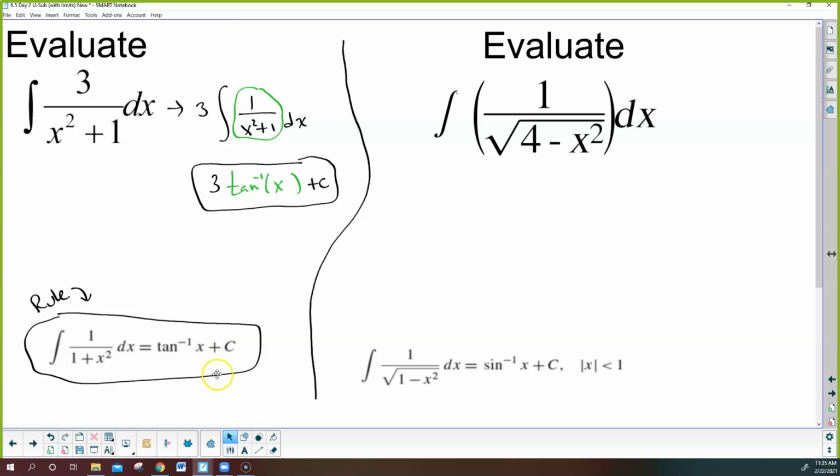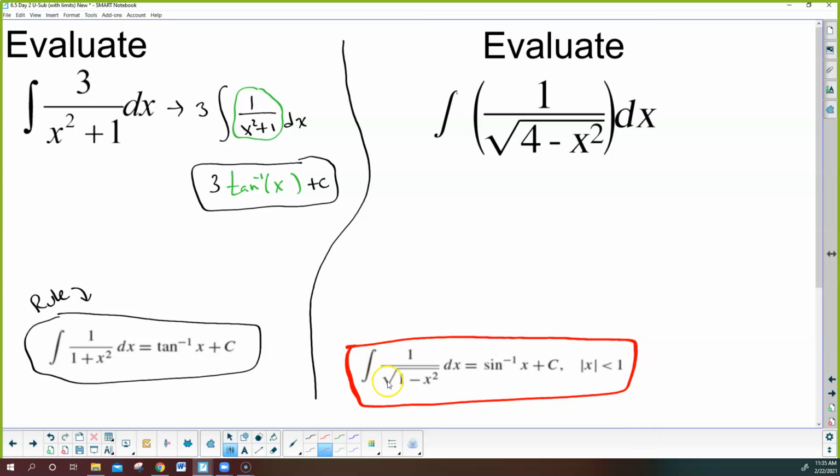Okay. Here's my rule for the inverse of sine. I need the square root of 1 minus x squared. Well, I almost have it. I just have this 4. I have to turn that 4 into a 1. So how do I do that when something is in a square root?